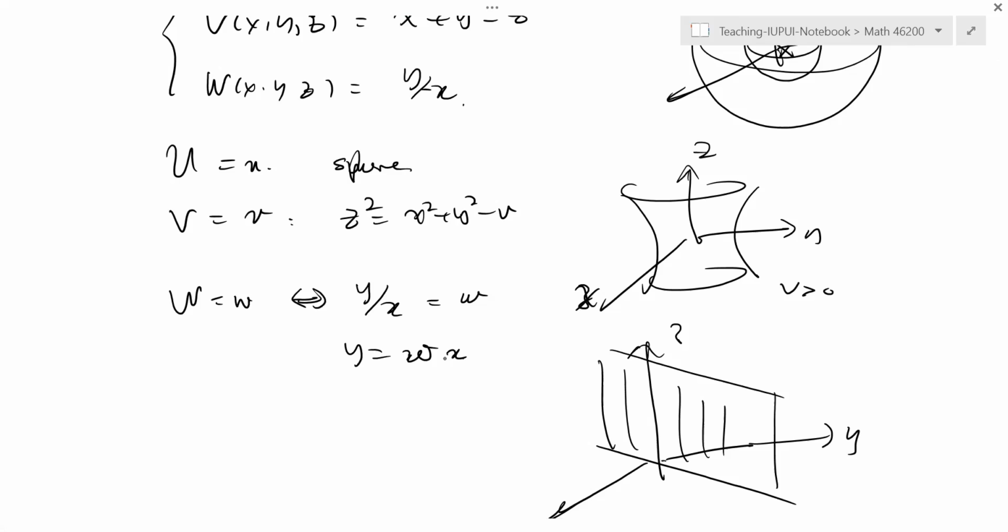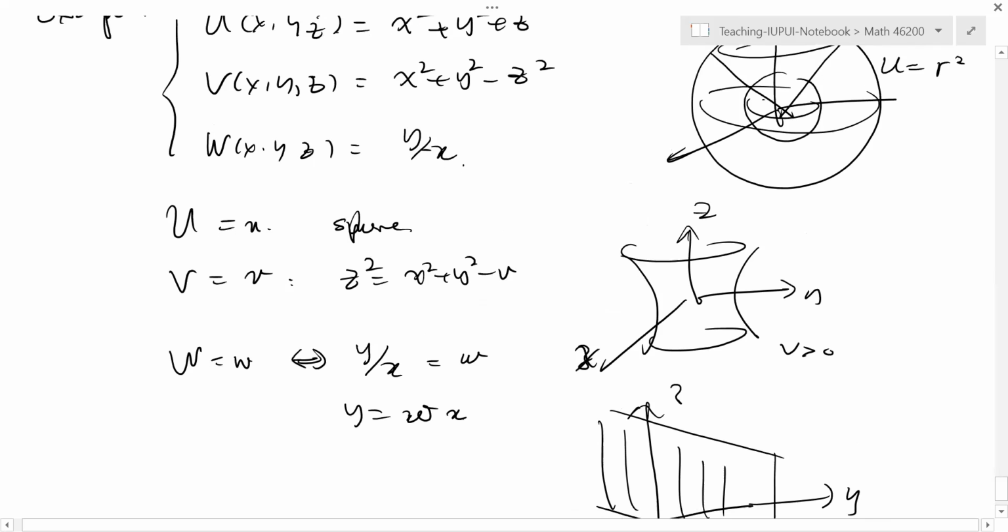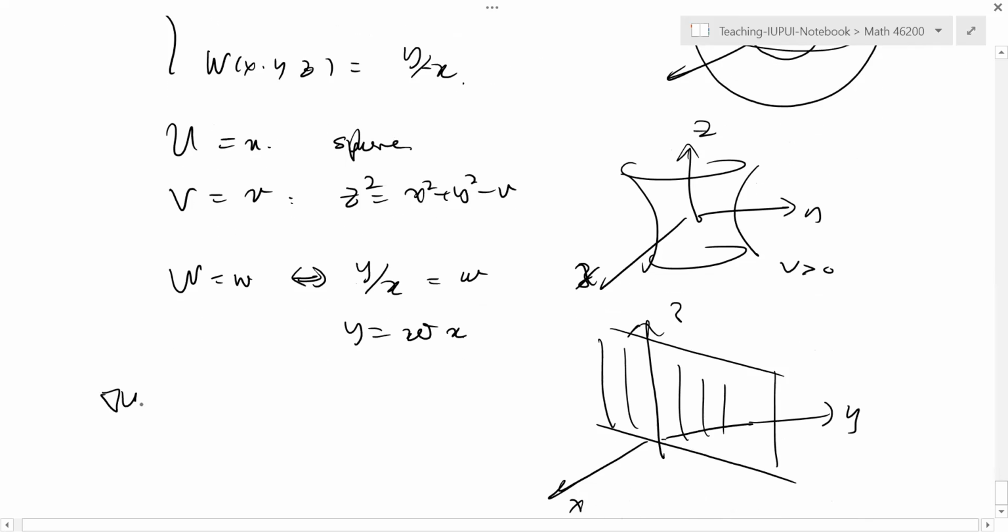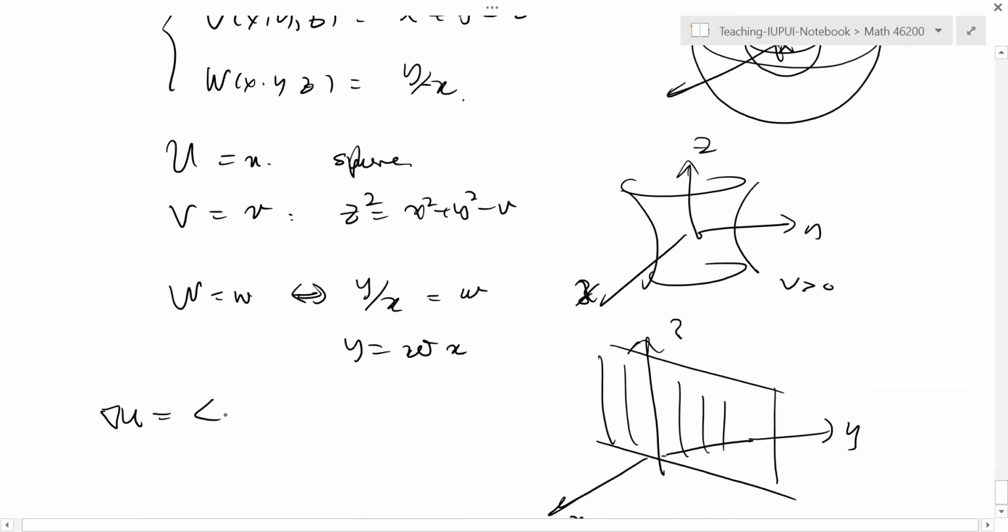Now my question: do they form a three-dimensional orthogonal system? Let's look at the gradients. The gradient of u is 2x, 2y, 2z. The gradient of v is 2x, 2y, minus 2z, I guess.